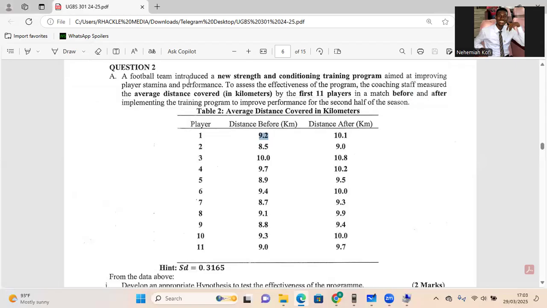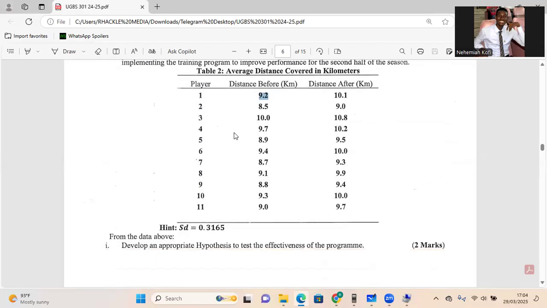The football team introduced a new strength and conditioning training program aimed at improving player stamina and performance. To assess the effectiveness of the program, the coaching staff measured the average distance covered in kilometers by the first 11 players in a match before and after implementing the training program, to improve the performance for the second half of the season.